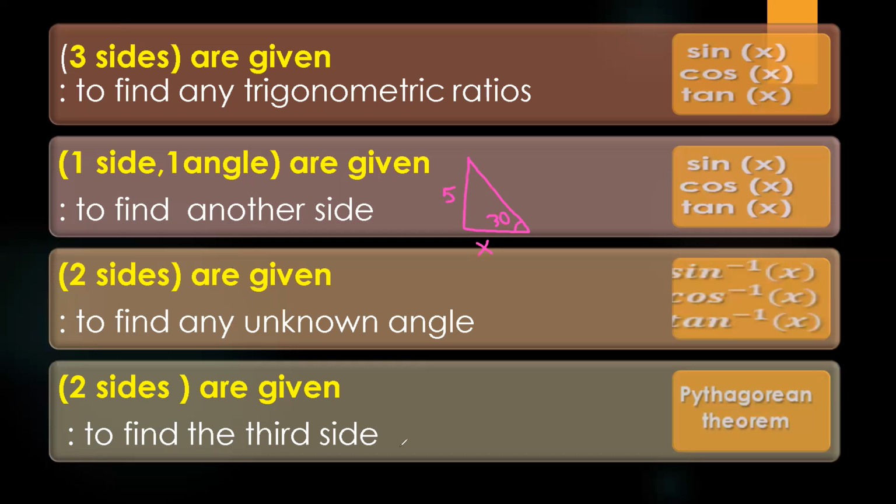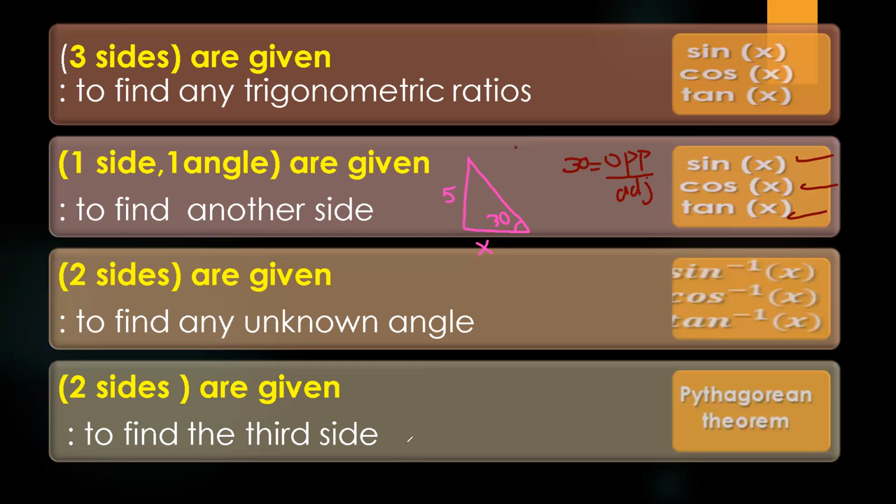What you have to do here is use sine or cosine or tan. I need to find x. X is the adjacent and 5 is the opposite.